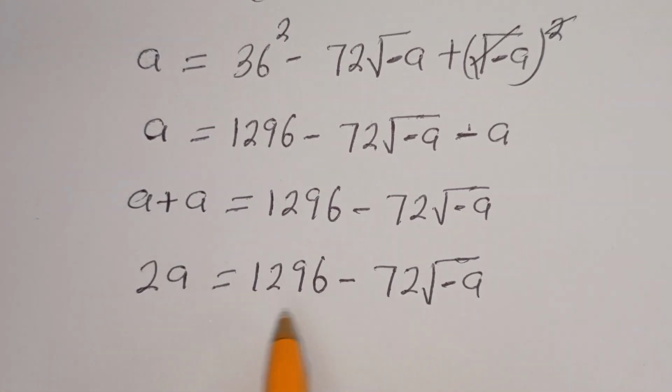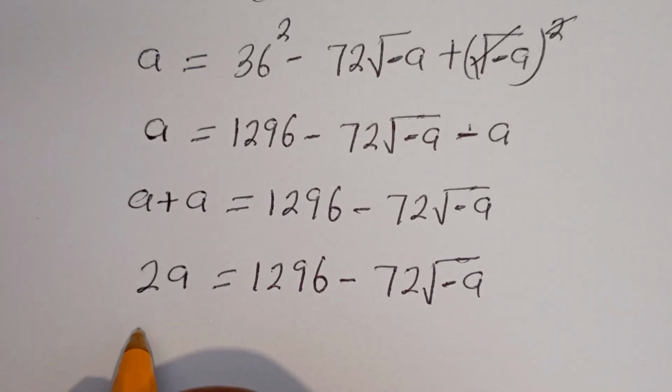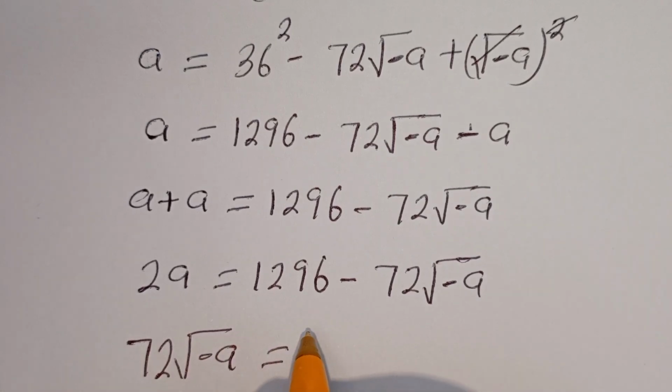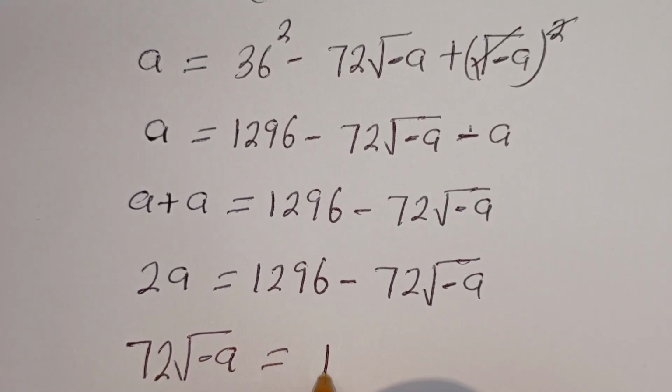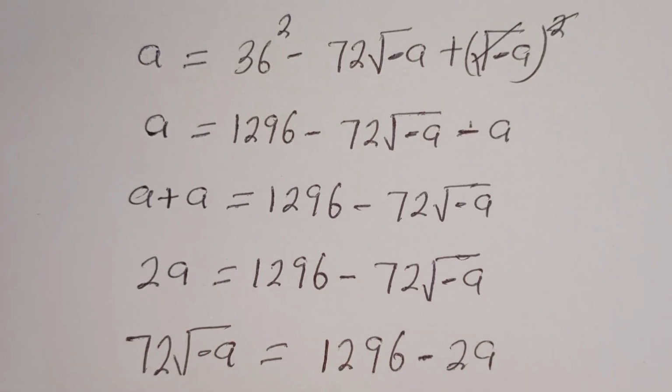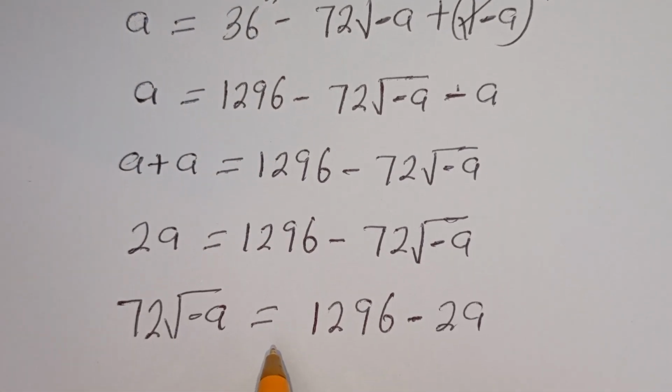So this can be written as 72 square root of minus a is equal to 1296 minus 2a. Now let's divide all through by 2.